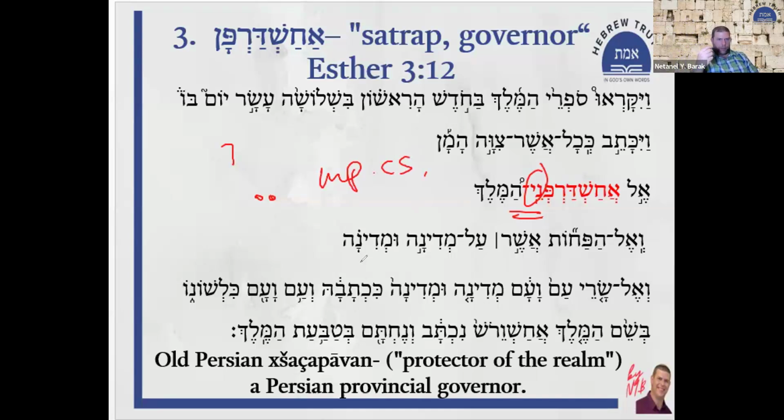Again, the morpheme for the plural is added at the end. And here, because it's a construct form, achashdarpenei hamelech. Let's hear your example, guys, for something like that in English or Hebrew or any other language you want.